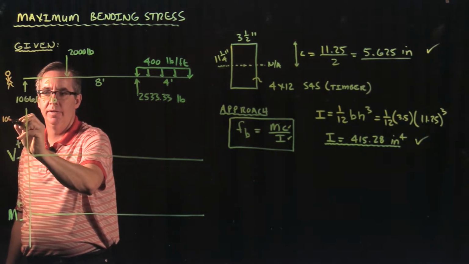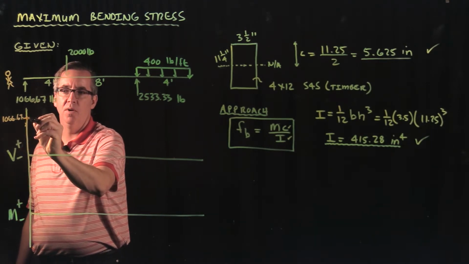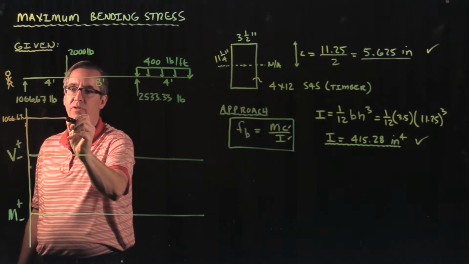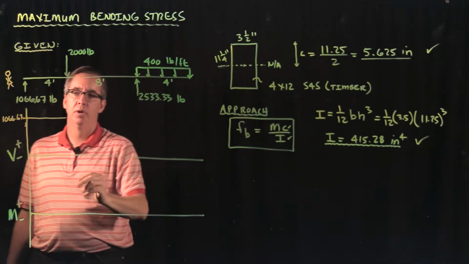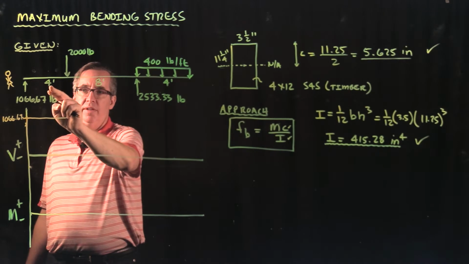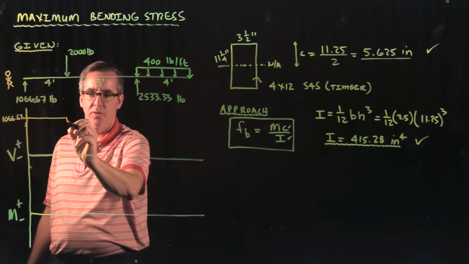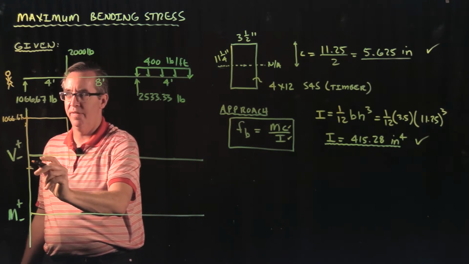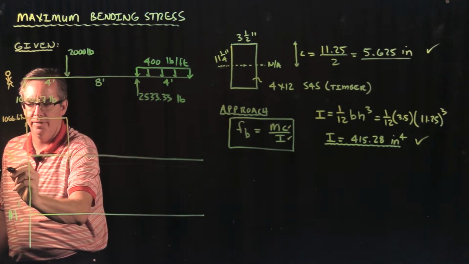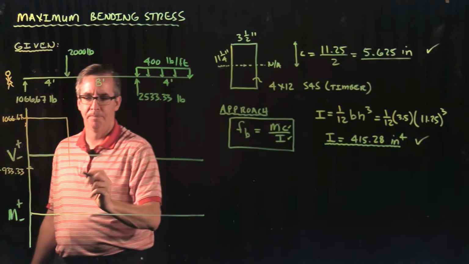of 1,066.67. As she walks across the beam, again, there's no change in shear because there's no area under the loading curve. There's just point loads. Until she gets to a distance of 4, in which she encounters a 2,000 pound force. This would take her to a value of minus 933.33.